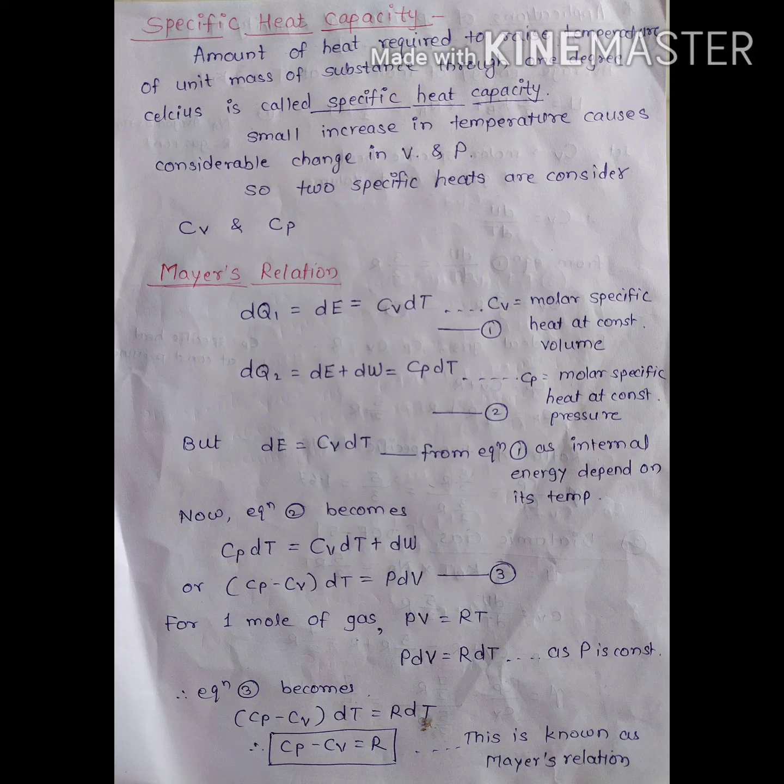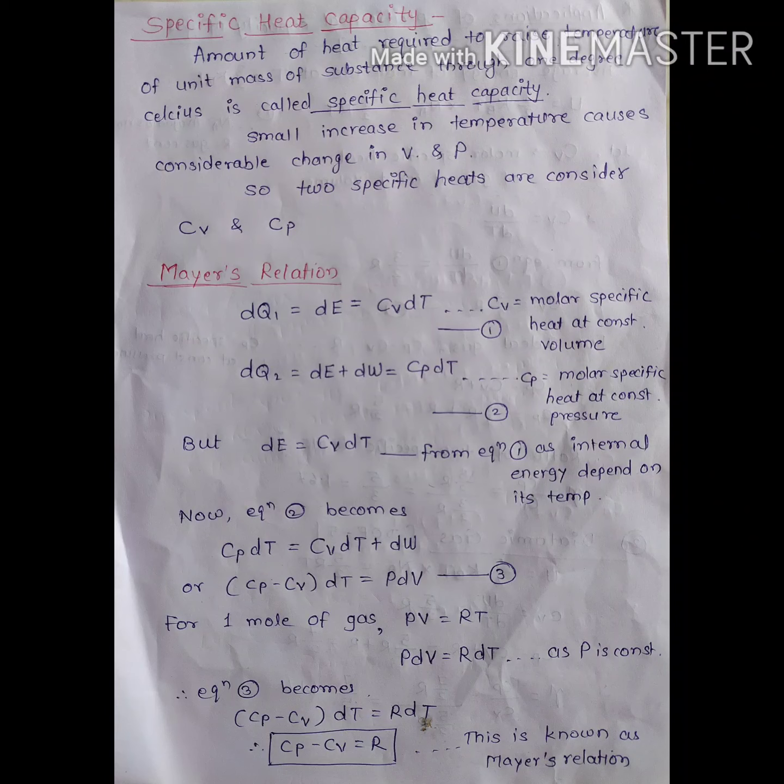For 1 mole of gas, PV is equal to RT. We know this. Therefore, as pressure is constant, we get PdV is equal to RdT.